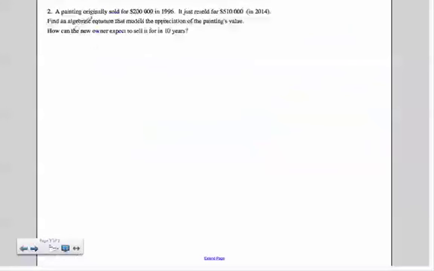So now we're going to look at a painting that originally sold for $2,000 in 1996. So that's my starting amount. Okay, it just resold for $510. That's my answer. That's my Y in 2014. Find an algebraic equation that models the appreciation.